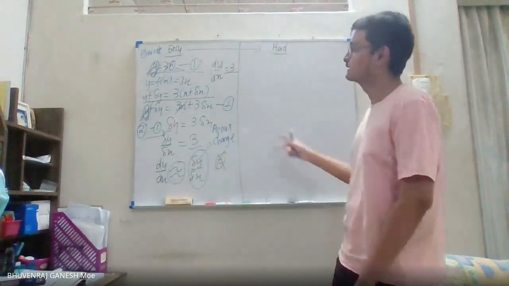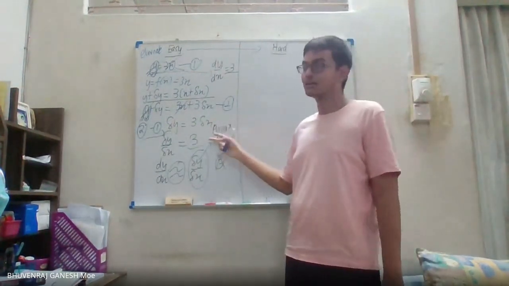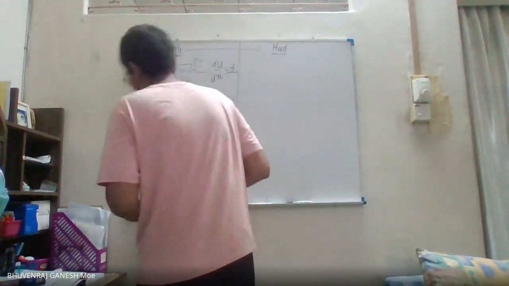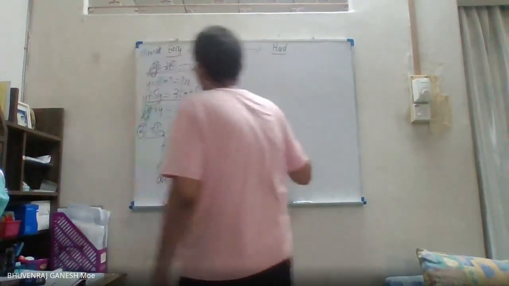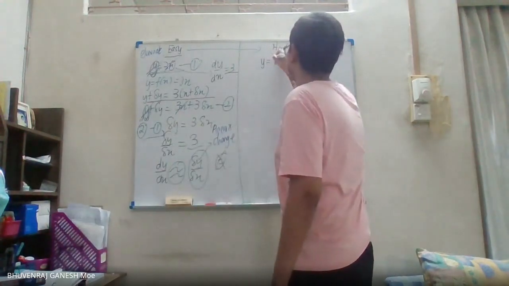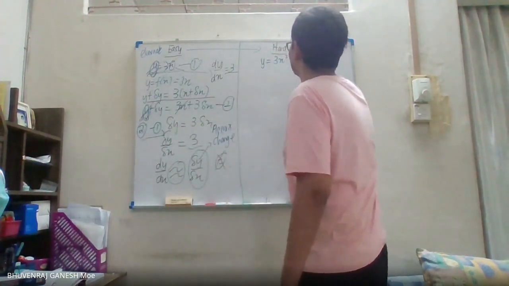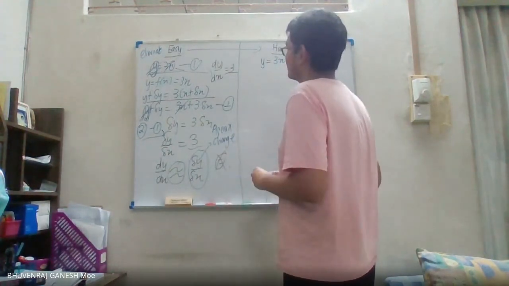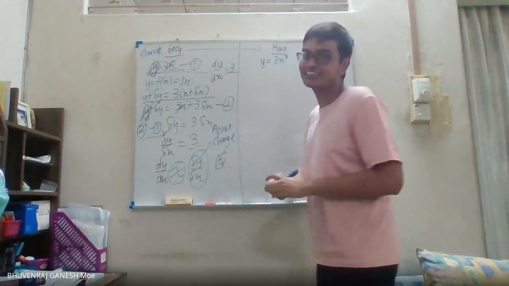Okay, so this is the easy level type of differentiation question. So we go to the hard one. Hard one means we increase the power: 3x cubed. Okay, so you want to try?